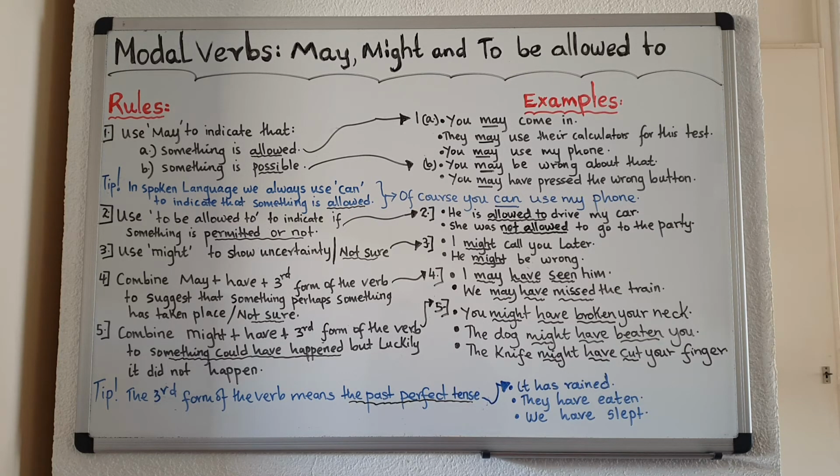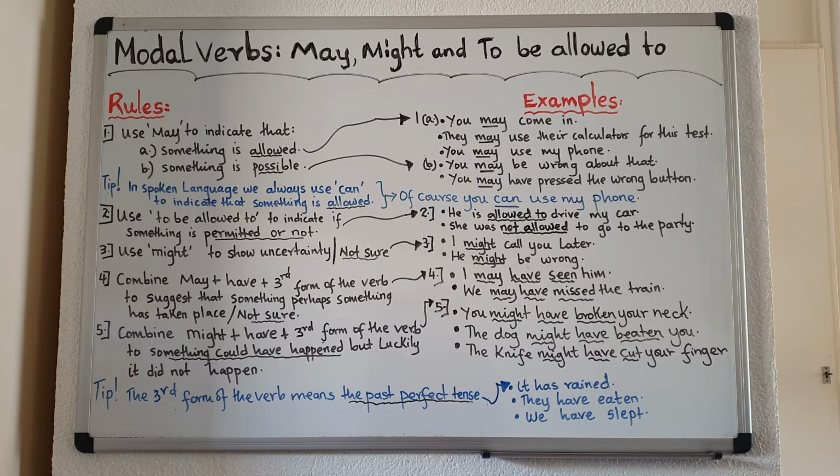The next example: she was not allowed to go to the party. Now that sentence shows that she has not been allowed to do it. So she has not been given the permission to do it.